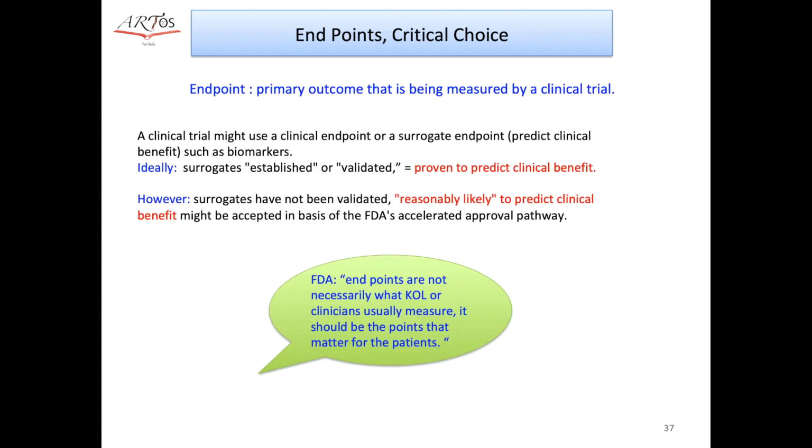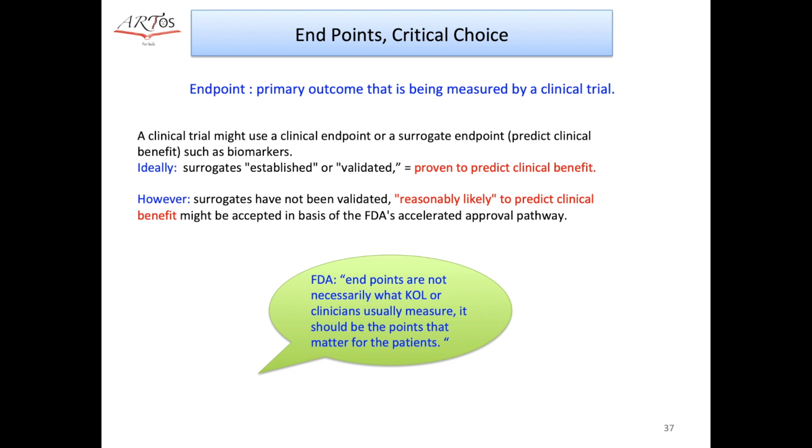The choice of endpoint is extremely important in clinical trials. An endpoint is a primary outcome that is being measured by a clinical trial. A clinical trial might use a clinical endpoint or a surrogate endpoint, which predicts clinical benefits, such as biomarkers, for example.